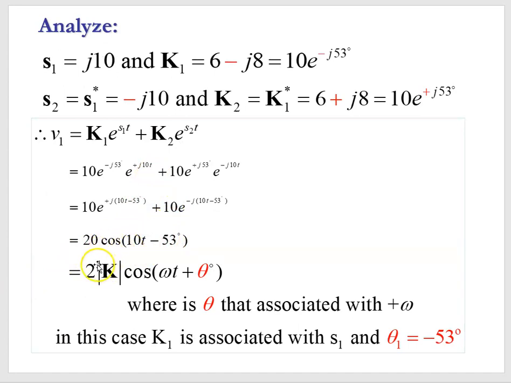This is equal to 2 times the magnitude of our complex constant K, cosine of omega t plus theta, where theta is associated with the positive radian frequency. If we note here, S1 was positive j10, but K1 had the negative 53 degrees.